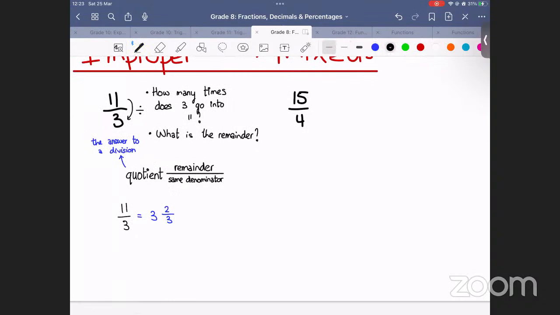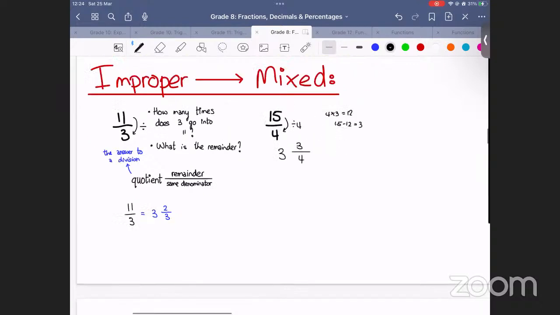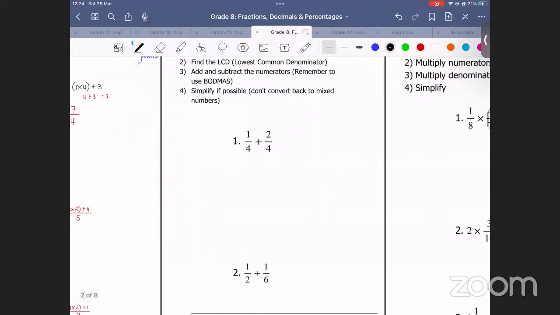So how many times does 4 go into 15? 15 divided by 4 is 3 times with a remainder. How do you calculate the remainder? 4 times 3 is 12, and 15 minus 12 is 3. With a remainder of 3, same denominator, over 4. So that's how you'd go from improper to mixed.